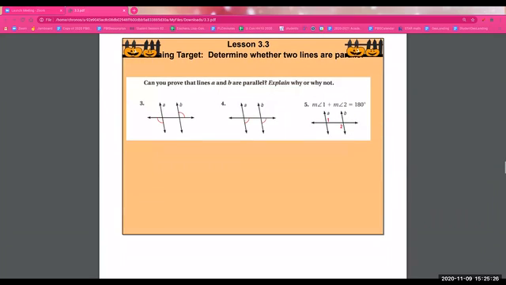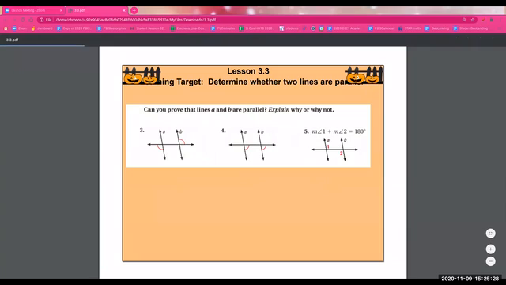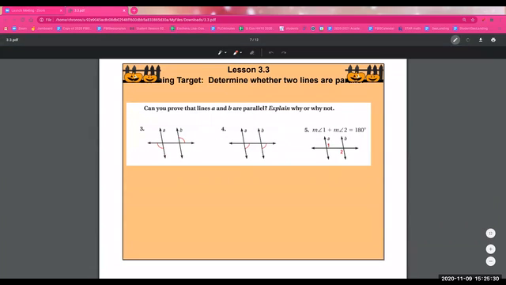So let's use these now. The first one says, can you prove that lines A and B are parallel? Explain why or why not. So we have to use one of the theorems or the postulate that we just talked about, one of those converses. You are going to have questions just like this on your test, okay? So pay attention to these. Here we look at the angles that are congruent and we think, okay, what kind of angles are they?